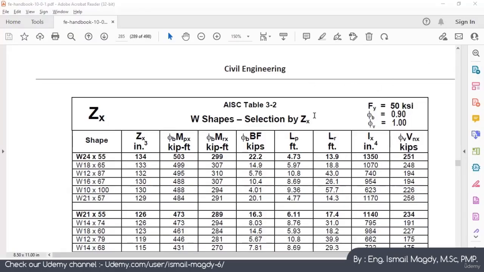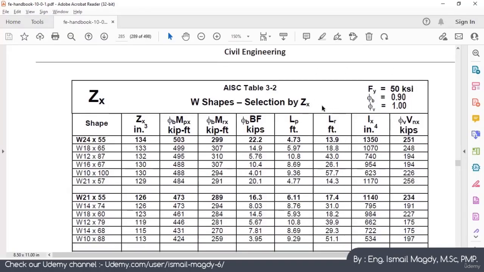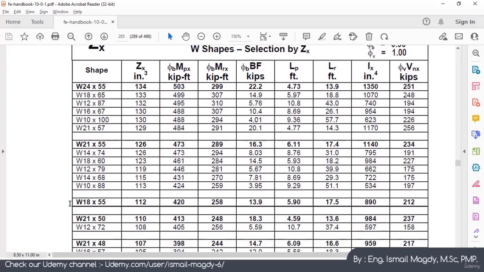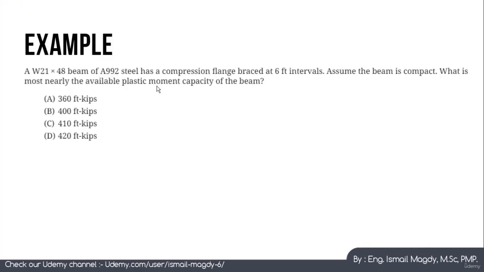This is our Zx table. So we will go down till we find our W21x48 beam, and in front of it you can get the Zx, which is 107, and the strength of the beam could be calculated by the equation phi Mn equals phi F yield multiplied by Zx, or you can simply find here directly the plastic moment, which is 398 kip-feet, so you don't even have to use any single equation.